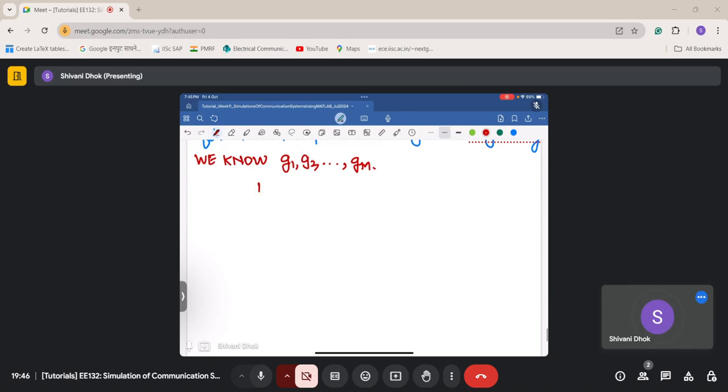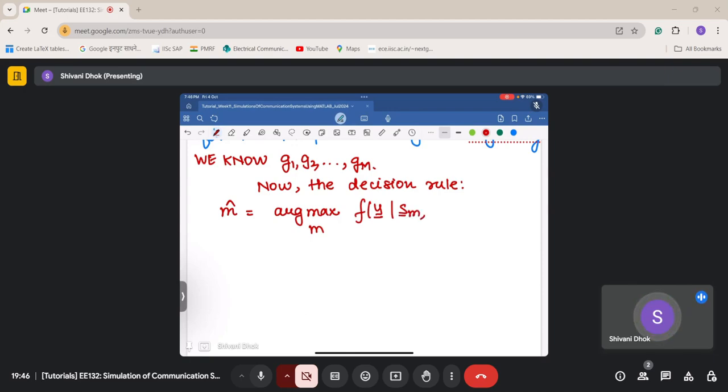So now the decision rule will be m hat as argmax over m of f of y given Sm was transmitted and g.